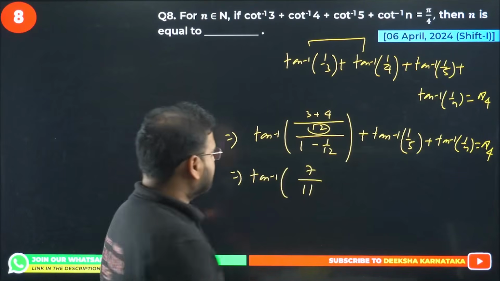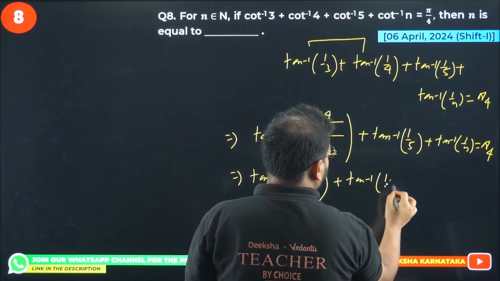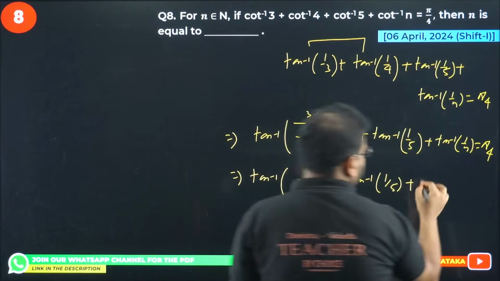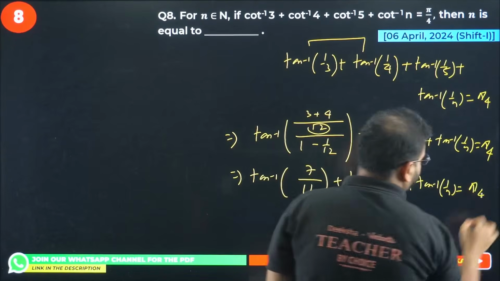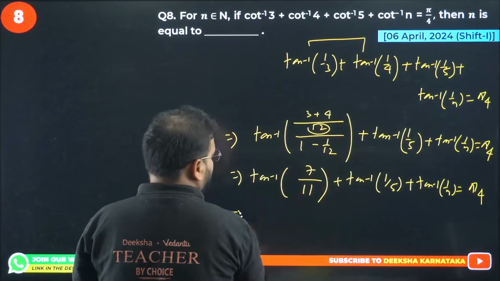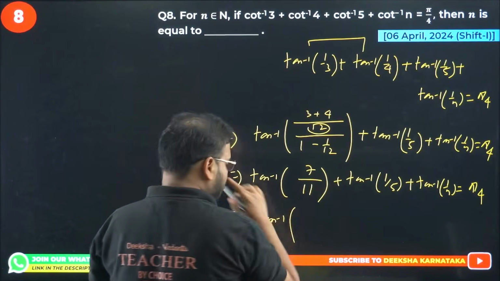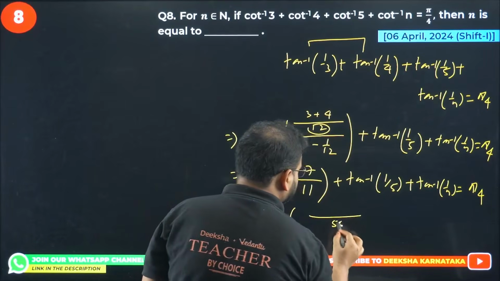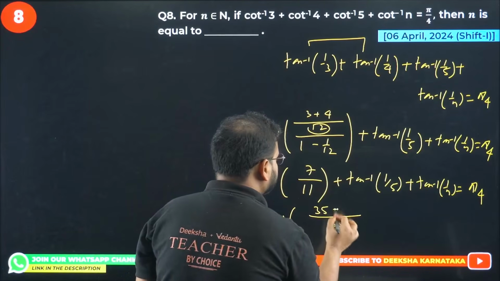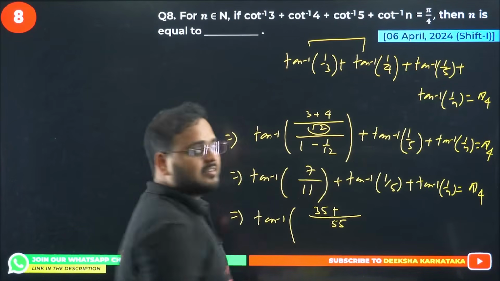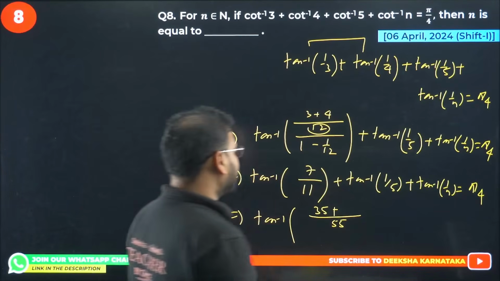Do the calculation. And over here I get tan inverse of 7 by 11 plus tan inverse of 1 by 5, plus tan inverse of 1 by n equals pi by 4. Again I will combine these two. I get now tan inverse, LCM will be 55. 7 5s are 35 plus 5 11s are 55, then 11 1s is 11.